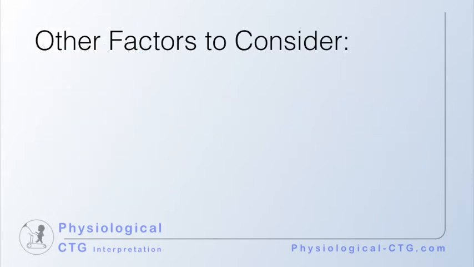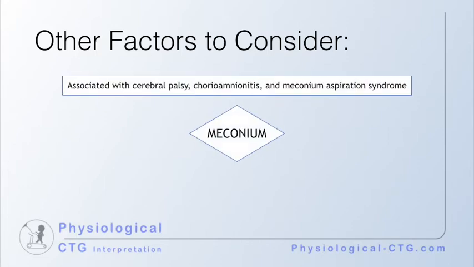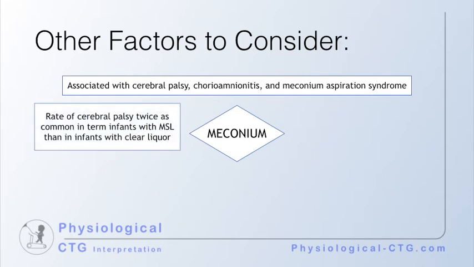There are some other factors to consider when making a management plan. We will cover these in more detail in another tutorial, but briefly we will touch on meconium and pyrexia. Meconium is associated with cerebral palsy, chorioamnionitis, and meconium aspiration syndrome. The rate of cerebral palsy is twice as common in term infants with meconium than in infants with clear liquor.